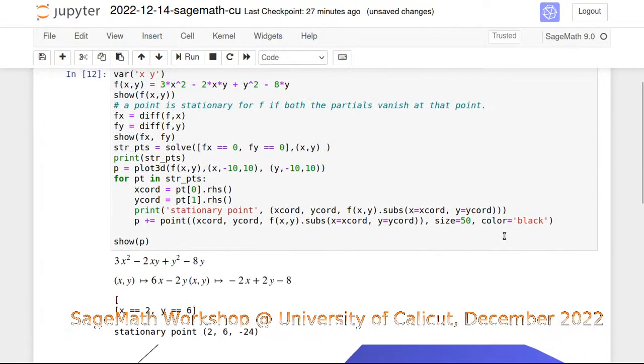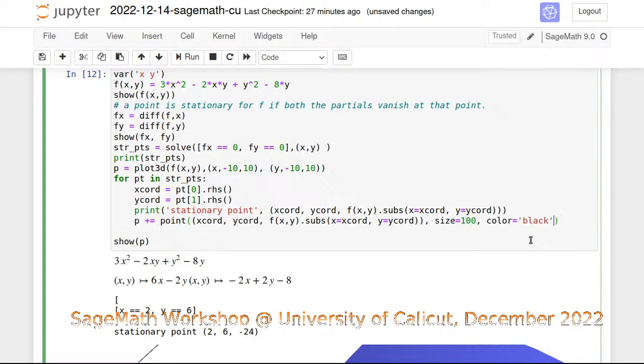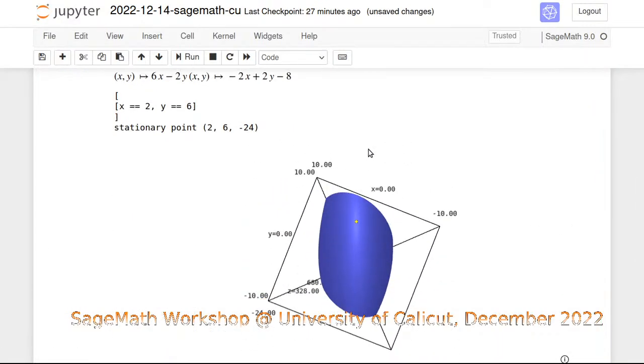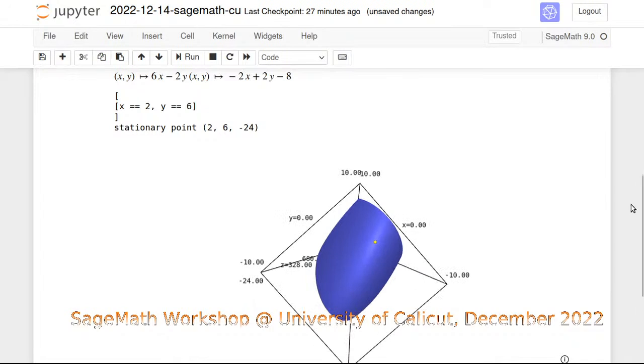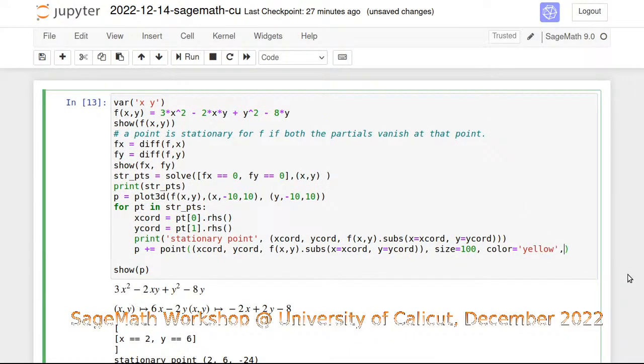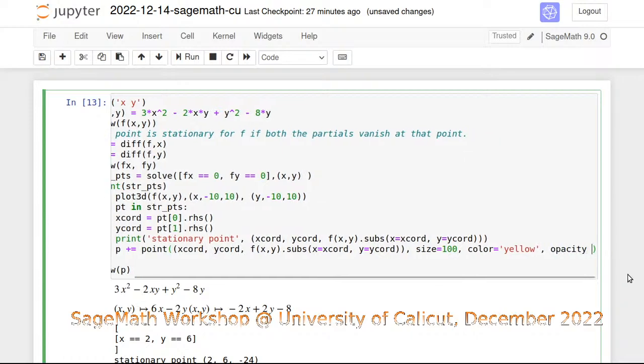You can see that here is a point. If we increase it further, what will happen? 50, instead of that, 100. And let us try to change the transparency. I think opacity is the command.